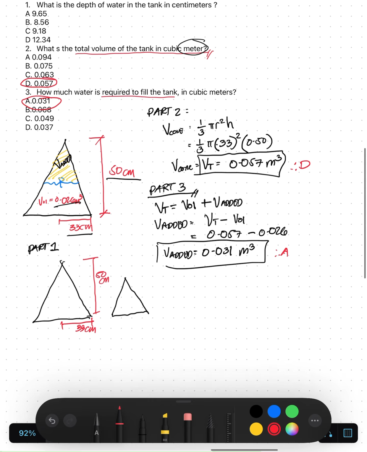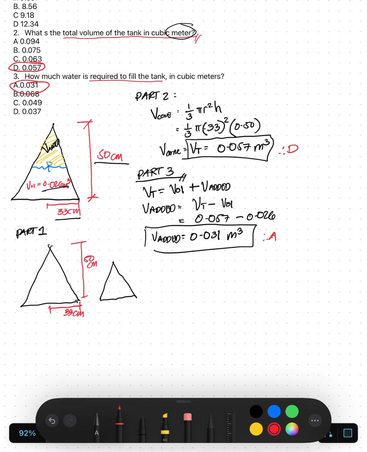Now this similar solid here has an unknown radius, but has a height of, let's say we call this one h1, and it also has a volume, let's say volume 1, and this one also has a volume, which is the total volume.